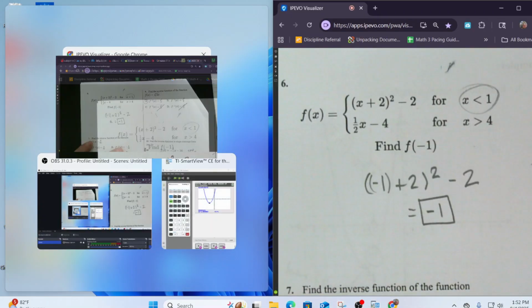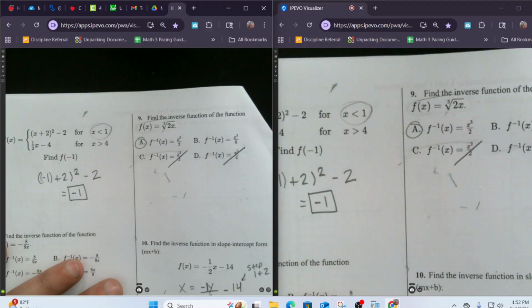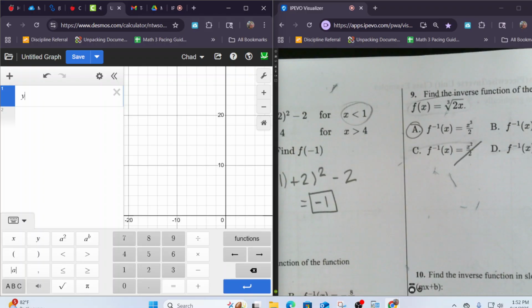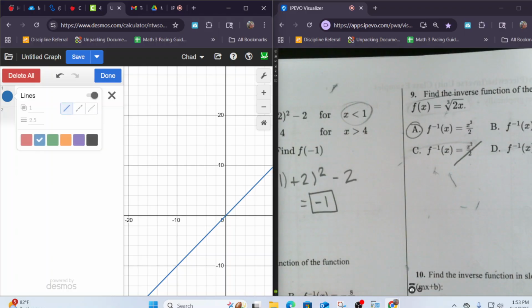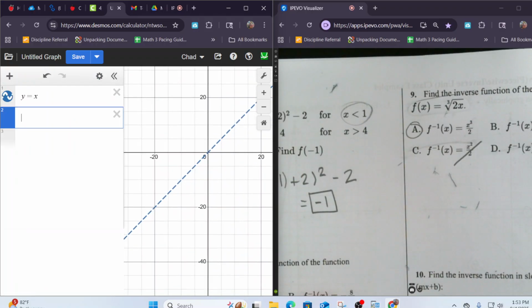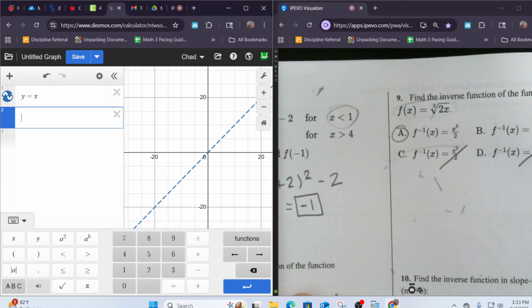I would pay attention to this because we did not do a lot of these in class. So, all right. Remember your reflection line is always y equals x. That's why I put that there. Now, put your original in there. Y equals, you don't have to put the f of x.